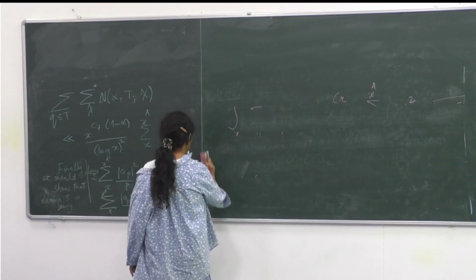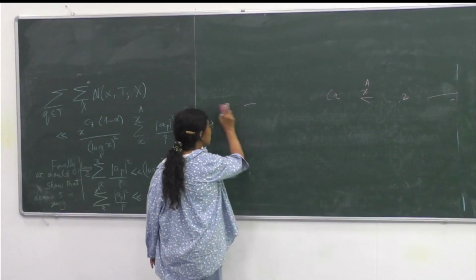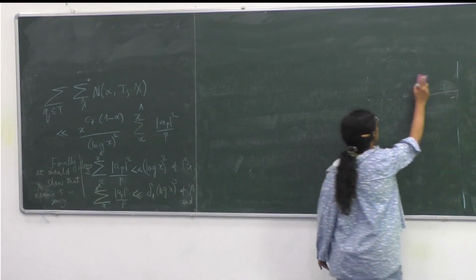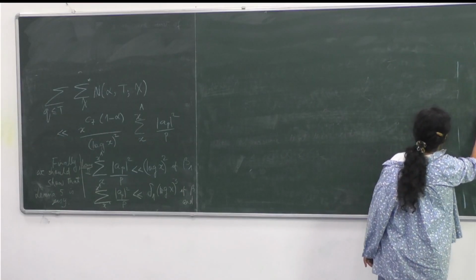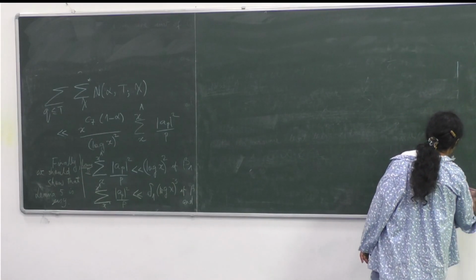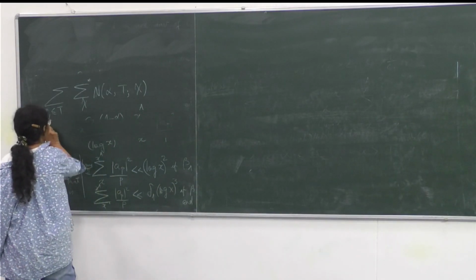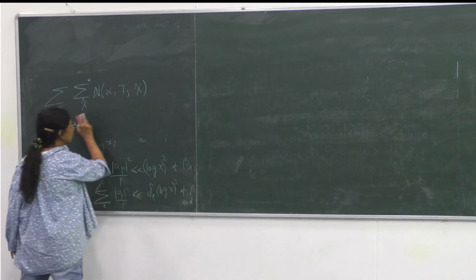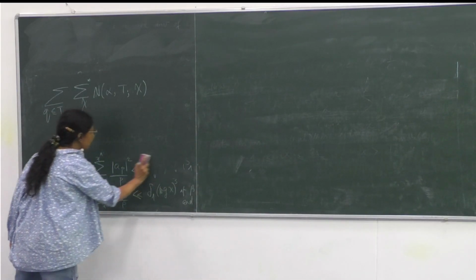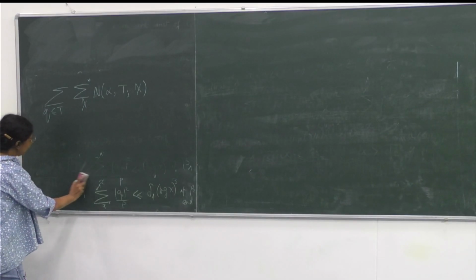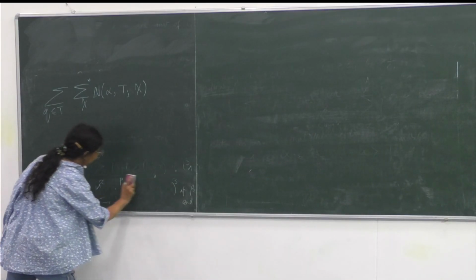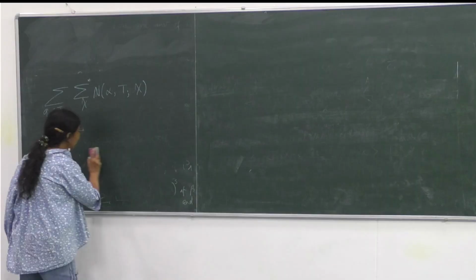So now our story is the use of an application of the Bombieri repulsion theorem, which is stronger than the Linnik or Doering.